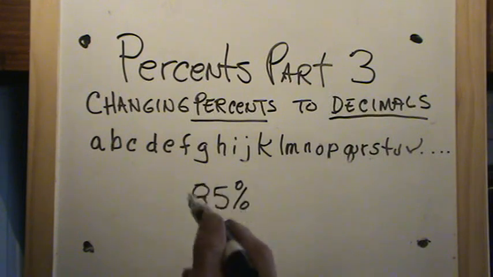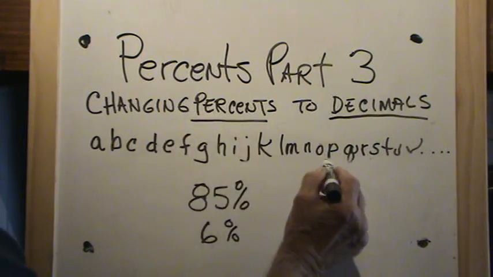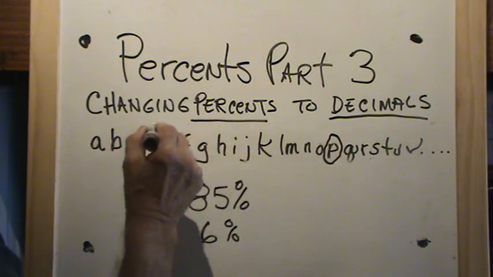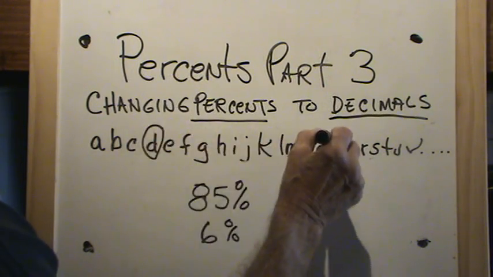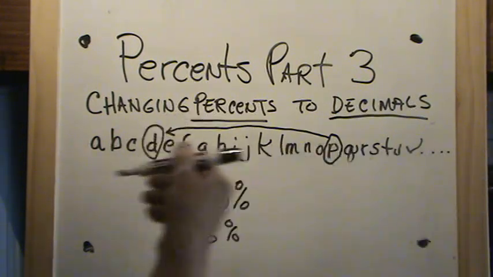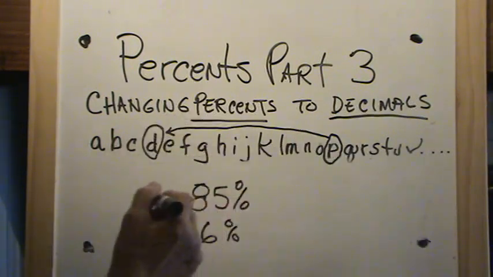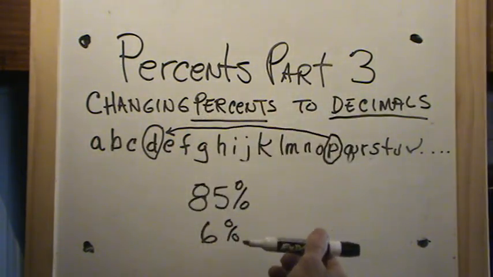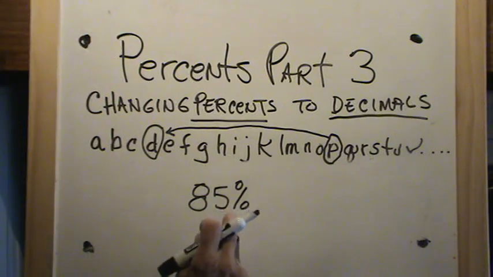And again, the way I remember that is I'm going from percents, which is the P, to decimals, which is the D. So if I'm going from P to D, I'm going to the left. So to change percents to decimals, we move the decimal 2 places to the left, and then we erase the percent sign.